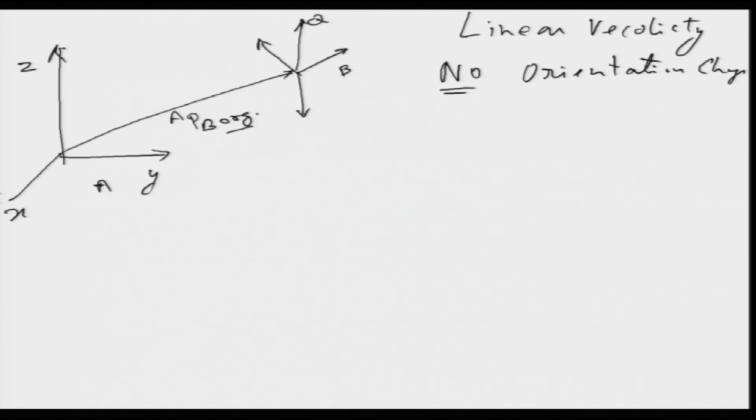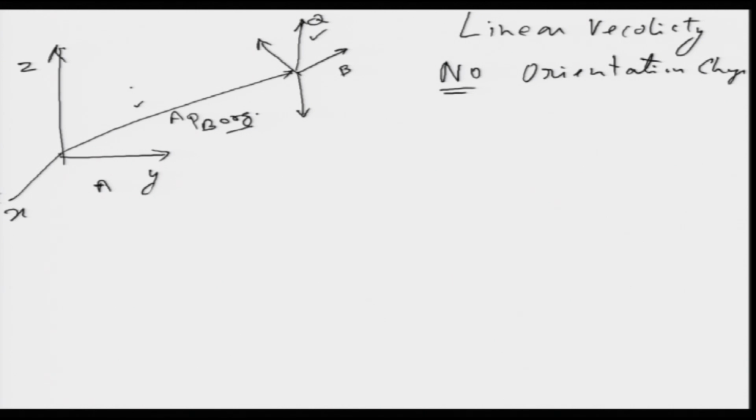Now there are two possibilities here. The first possibility is that this body on which we have fixed our frame B is moving with respect to frame B itself. Okay, so there is a velocity where the body is having a linear velocity which is expressed in frame B, and the other possibility is that the two frames A and B are also translating.